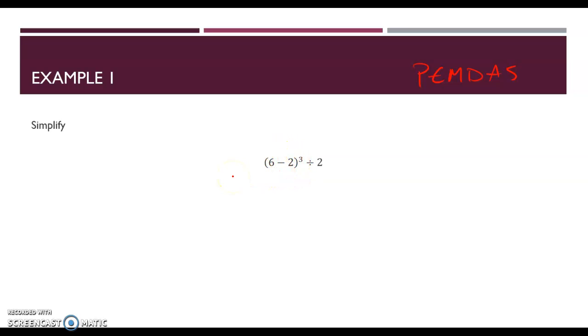Now, if there's multiple operations within the parentheses, then I do order of operations within my parentheses, the same that I would do any other order. So I'm going to look in my parentheses. I don't have any exponents within the parentheses. There's no multiplication or division, so we're just going to go straight to the subtraction.